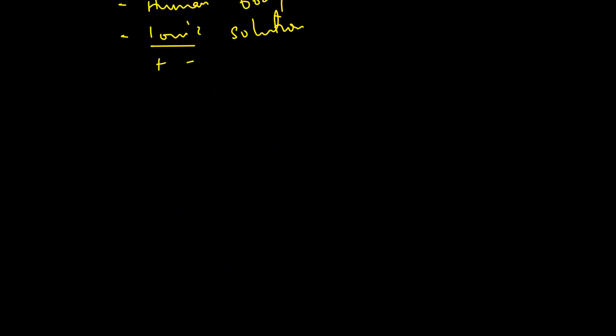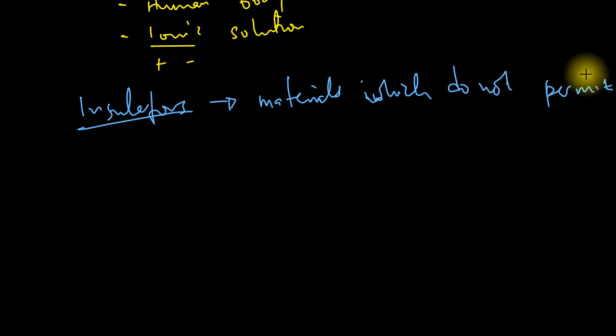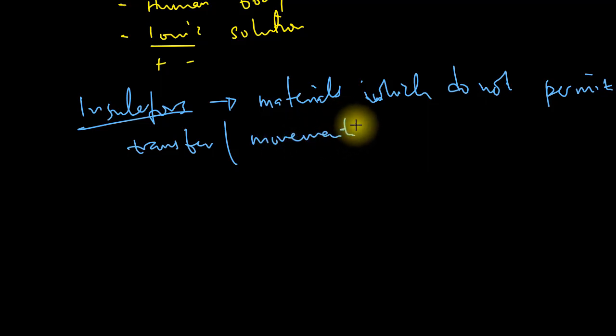Let us now look at the next type of materials, and that is the insulators. Having understood conductors, it is very easy to understand what insulators are. These are basically materials which do not allow transfer or the movement of charge through them.